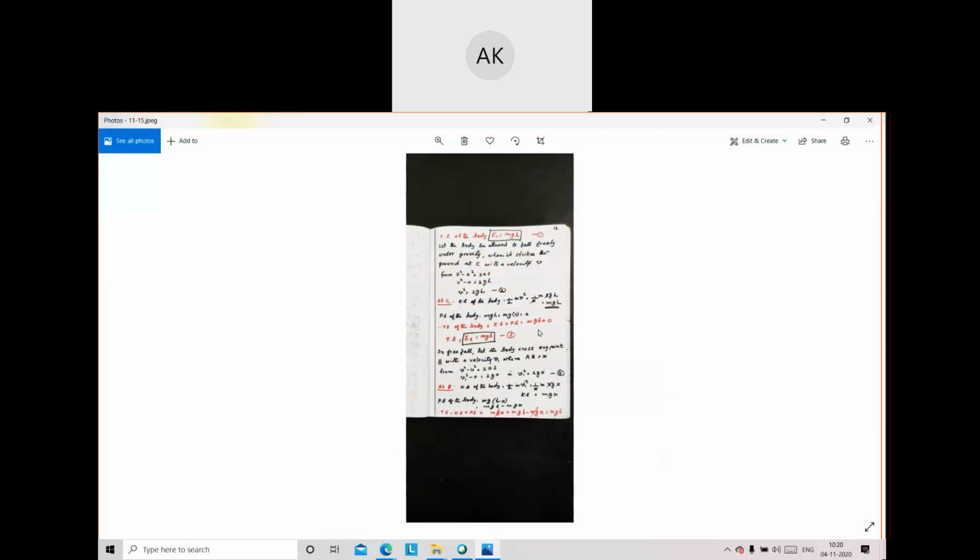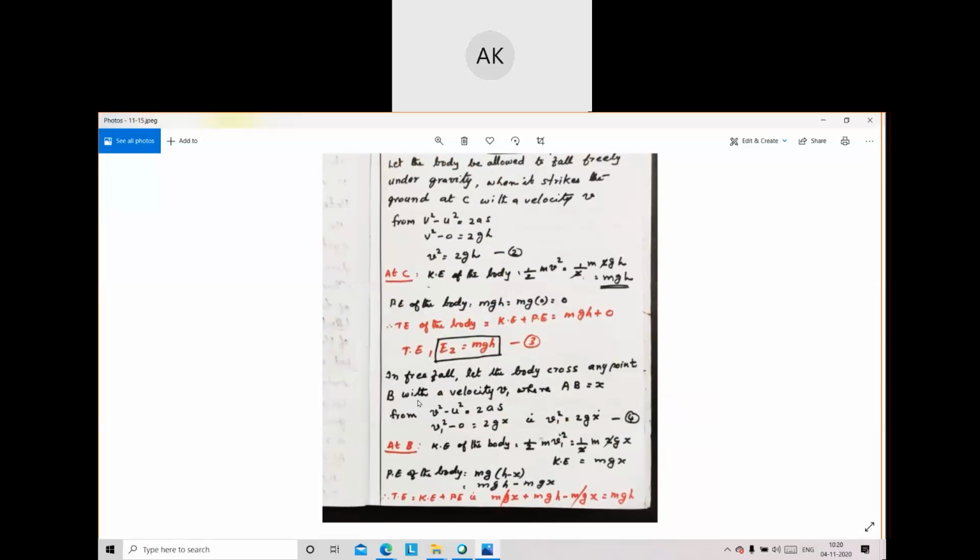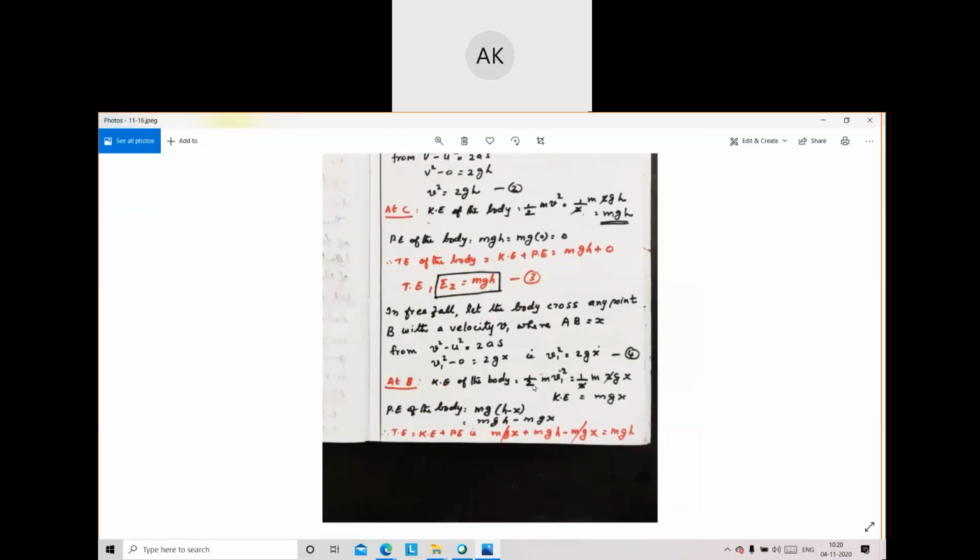So I will show you the substitution. At B, kinetic energy of the body is equal to half m v1 square, and that is what we have calculated here, final velocity. V square minus U square equal to 2AS. We just write V1 because at the topmost point the initial velocity is 0, and when it moved through a distance x, velocity is V1.